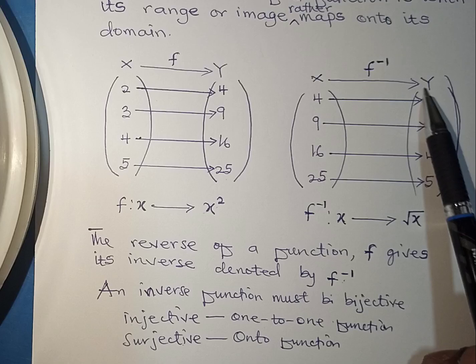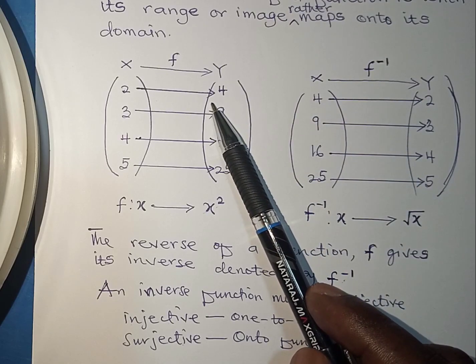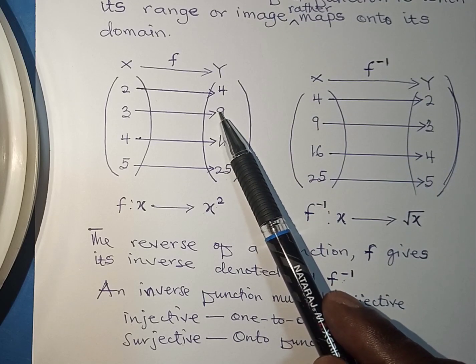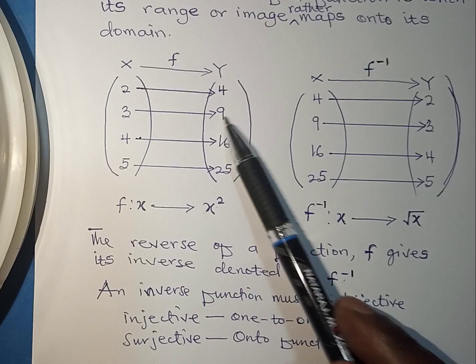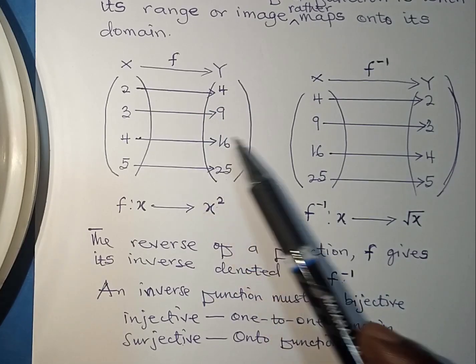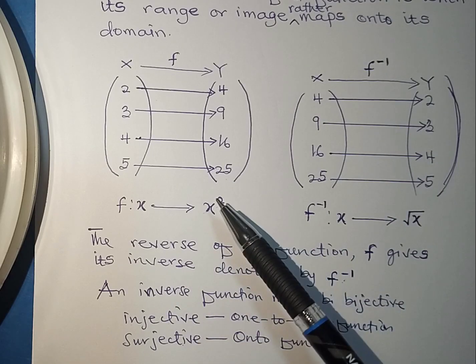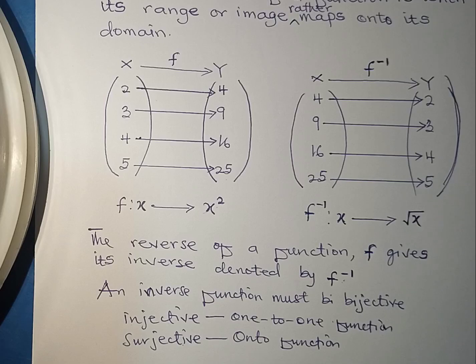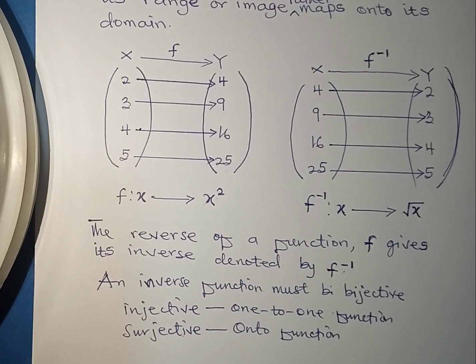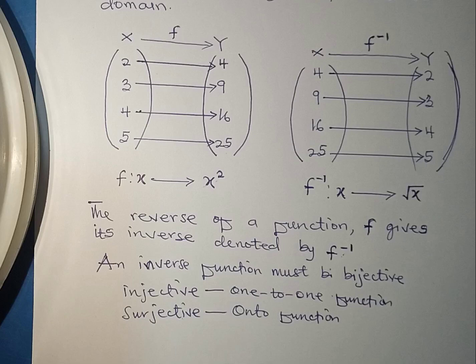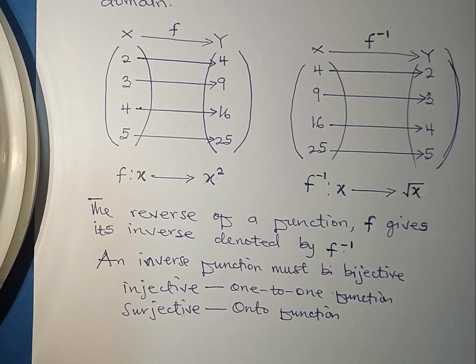If you realize that the function is many to one, then finding its inverse becomes very difficult. That's why we are saying that the function must be bijective. That is what we can say about the inverse of a function.